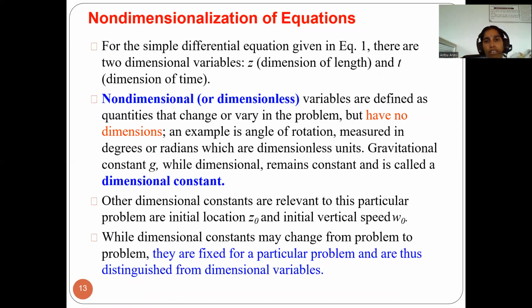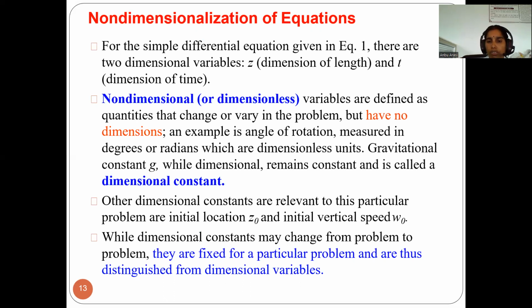In this simple differential equation there are two dimensional variables, length and time. Non-dimensional variables are quantities that change or vary in the problem but have no dimensions. An example is an angle of rotation measured in degrees or radians, which are dimensionless units. The gravitational constant g, while dimensional, remains constant and is called a dimensional constant.